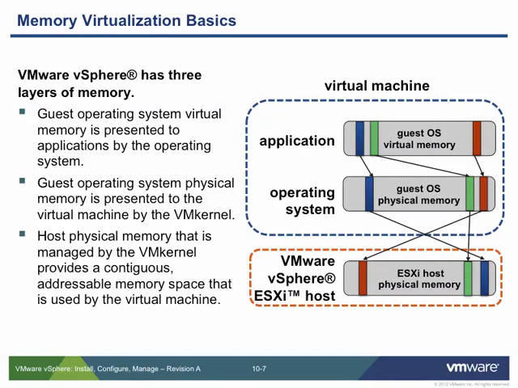In the vSphere environment, there are essentially three different layers of memory. The first two layers that you see there in the blue box are within the virtual machine itself. Now, the application layer is actually not a construct of VMware, nor is the operating system actually, but more the guest itself. So, how Windows or how Linux manages and handles memory.